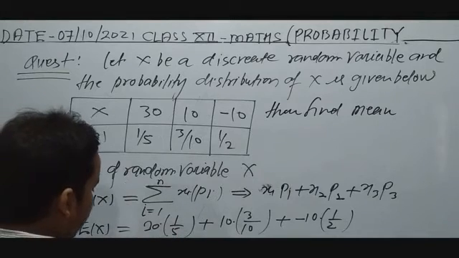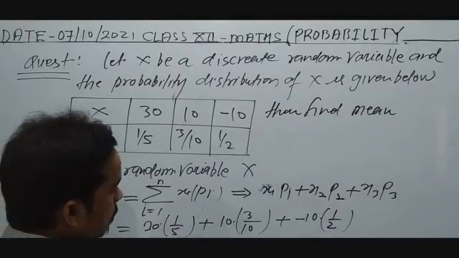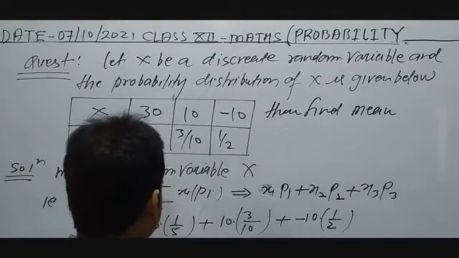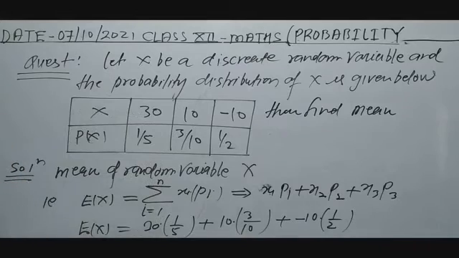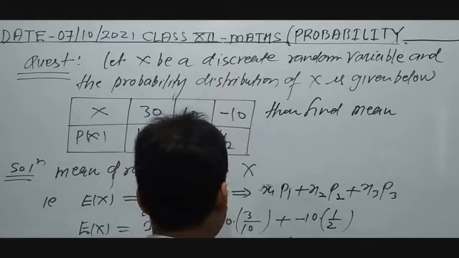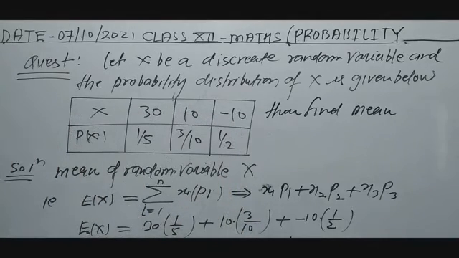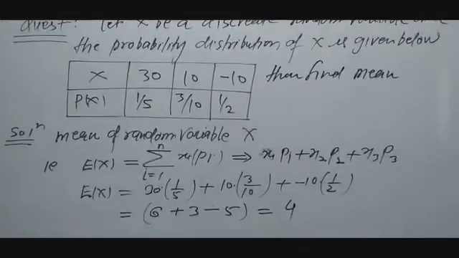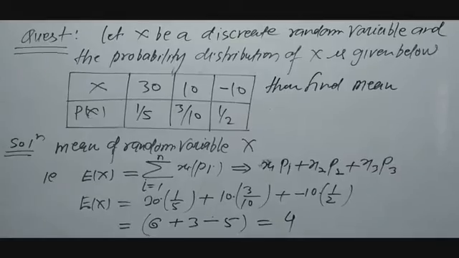The result will be 6 plus 3 and minus 5. So the overall calculation will be 4. The mean of the random variable, or mean of the probability distribution, is 4.